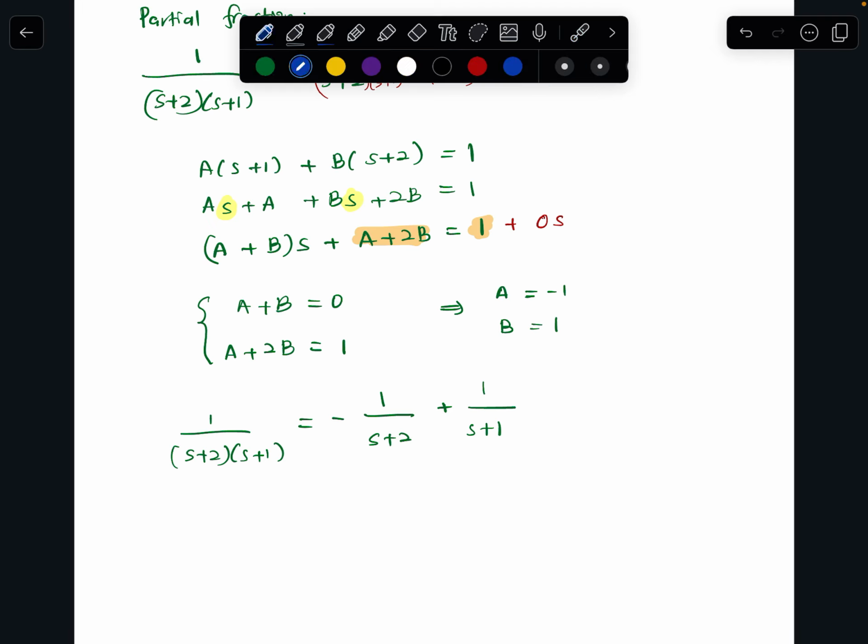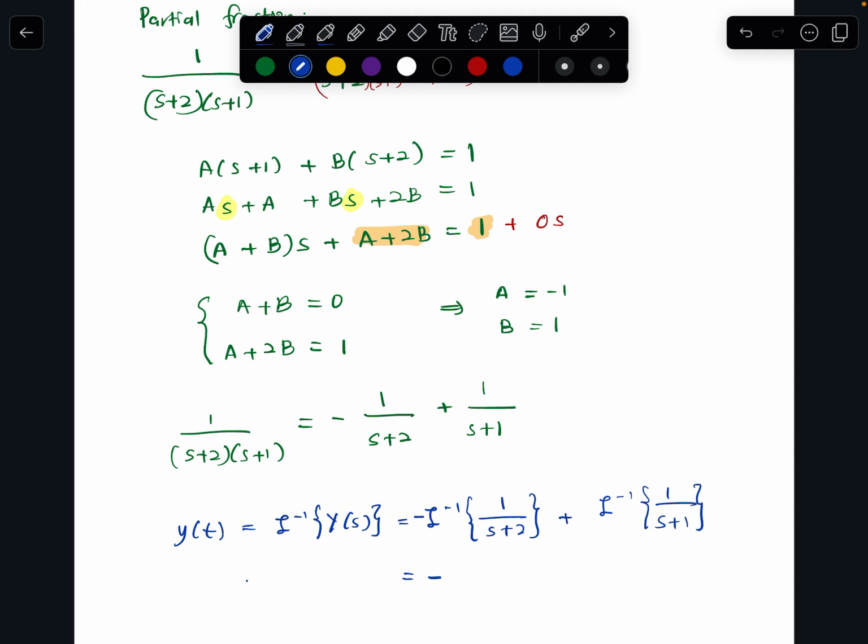Okay, the next step, you want to find y(t). y(t) is the Laplace inverse of Y(s). So what we have here, your capital Y(s) can be written by this term, negative, I put negative in front, and then Laplace inverse of 1 over s plus 2.